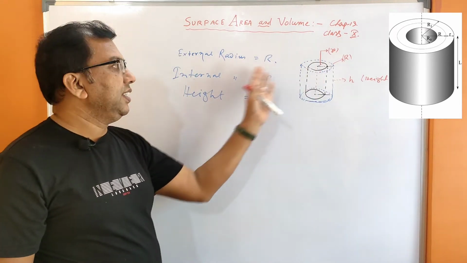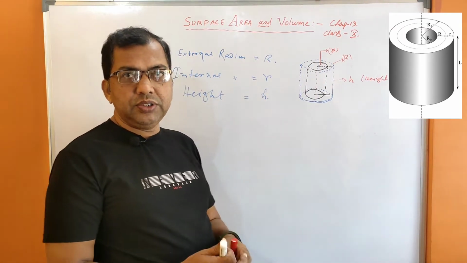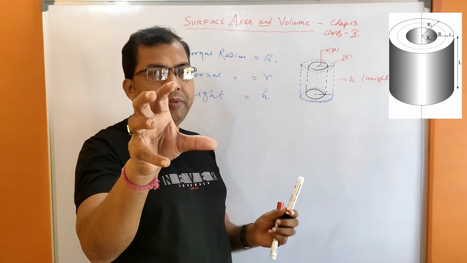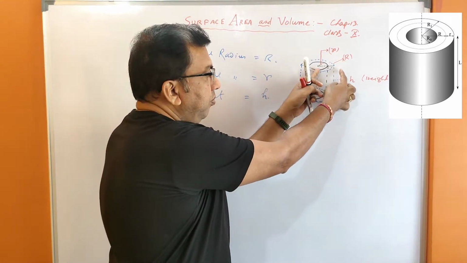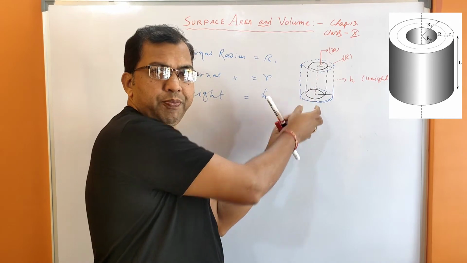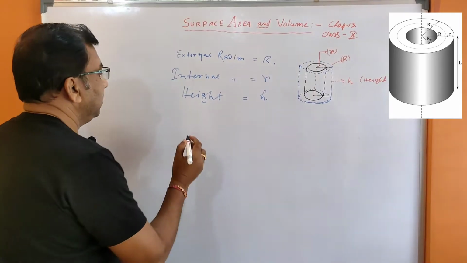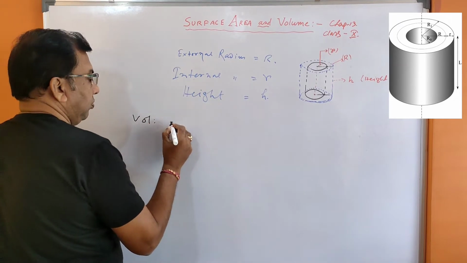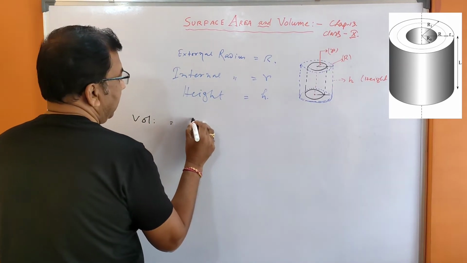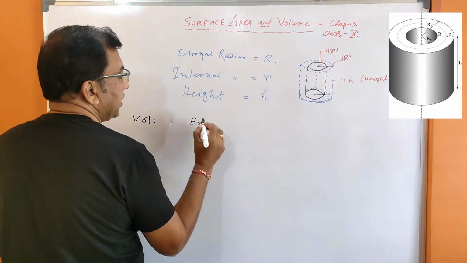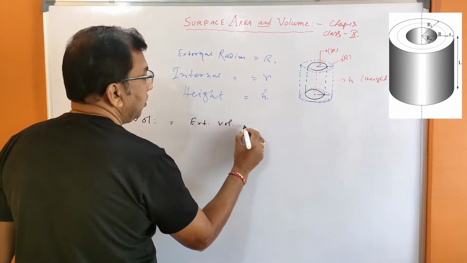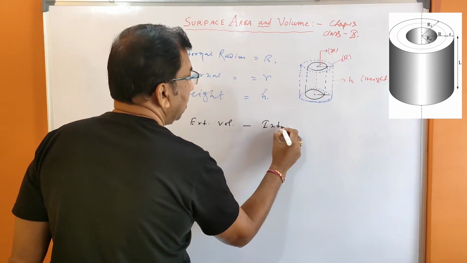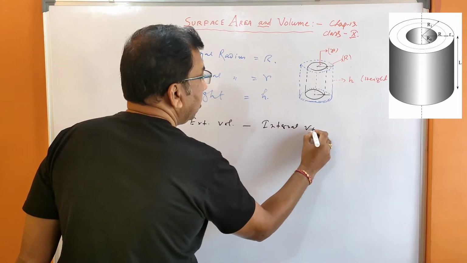So this is the external radius, this is the internal radius. Okay, the volume, that means external volume minus internal volume. That is pi R square h minus pi r square h.